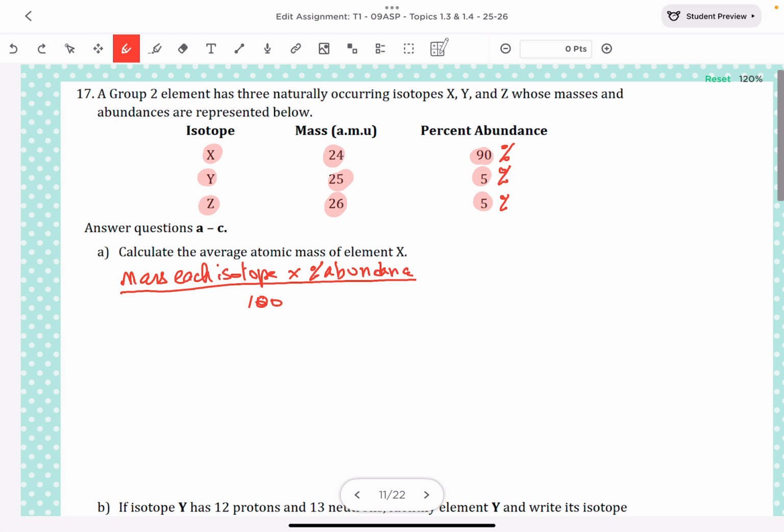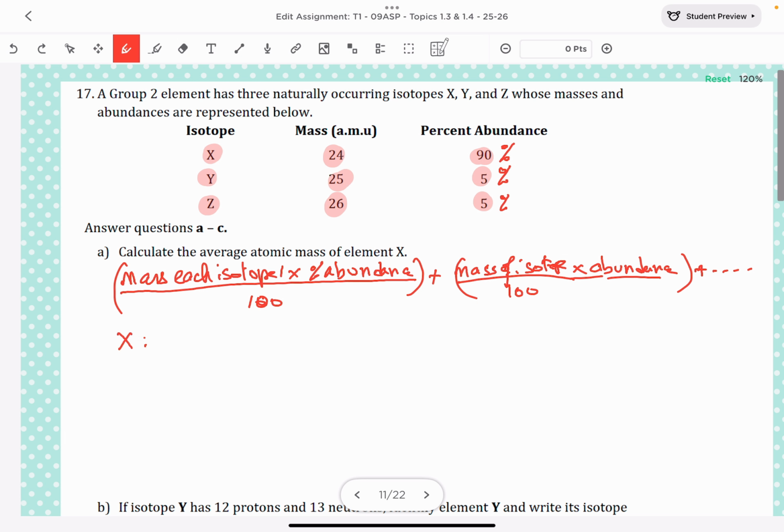So if the element has three isotopes, you add them all. So mass of isotope 1, mass of isotope 2, times the abundance, etc. So as many isotopes as you have, you keep on adding.